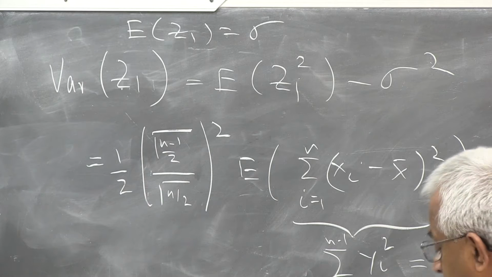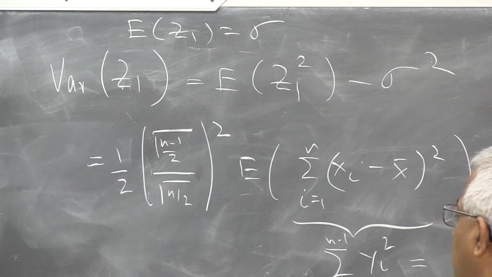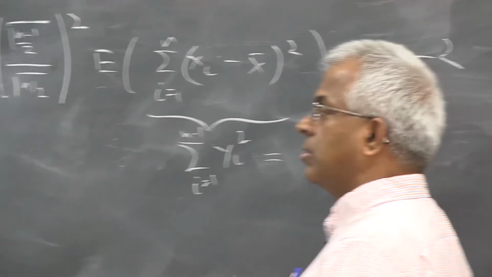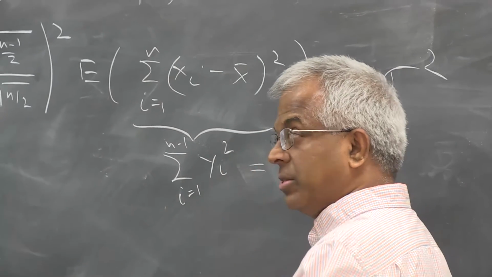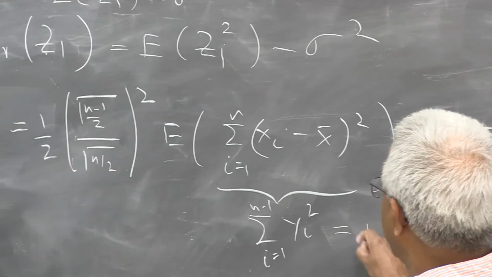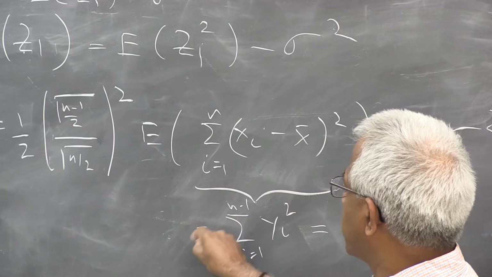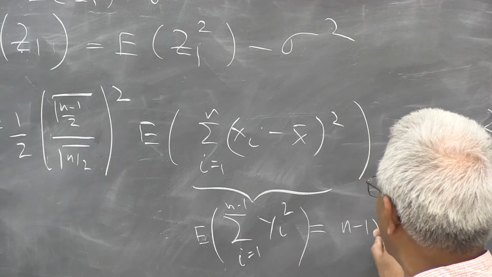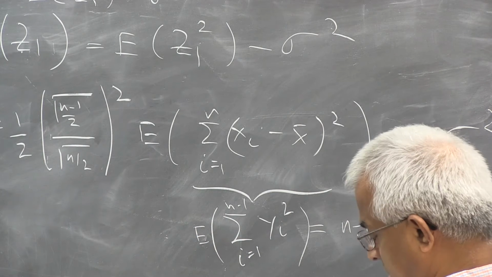Each of the yi's is Gaussian with variance sigma squared, n minus 1 of them. So its expected value is (n minus 1) sigma squared. So we can substitute it now.